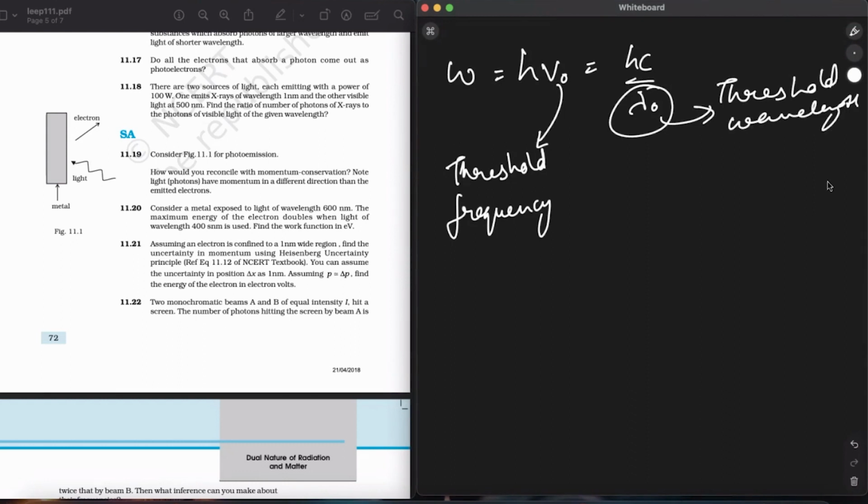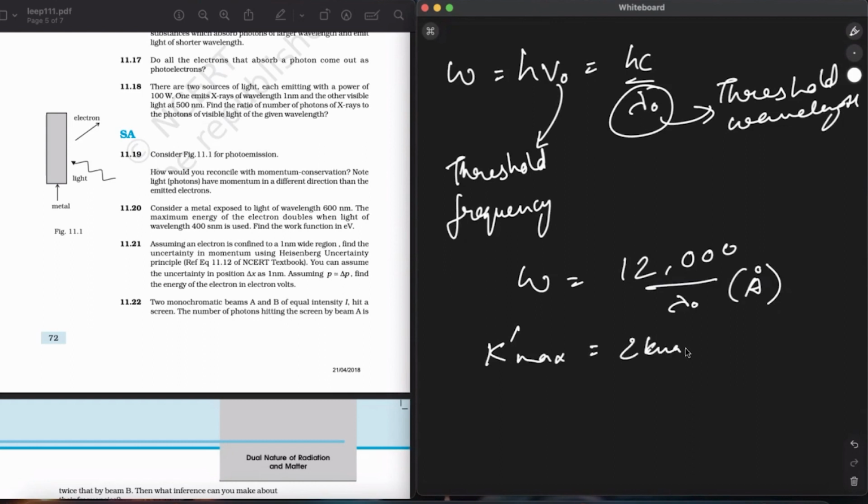Now putting in those formulas, it was 12,000. So work function can be written as 12,000 upon lambda naught in angstrom. K dash max is 2 times K max. It has been given to us.